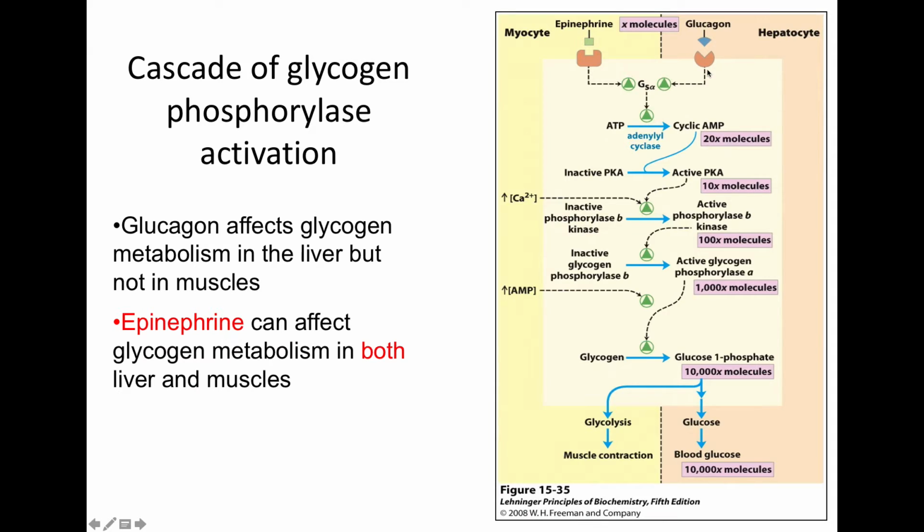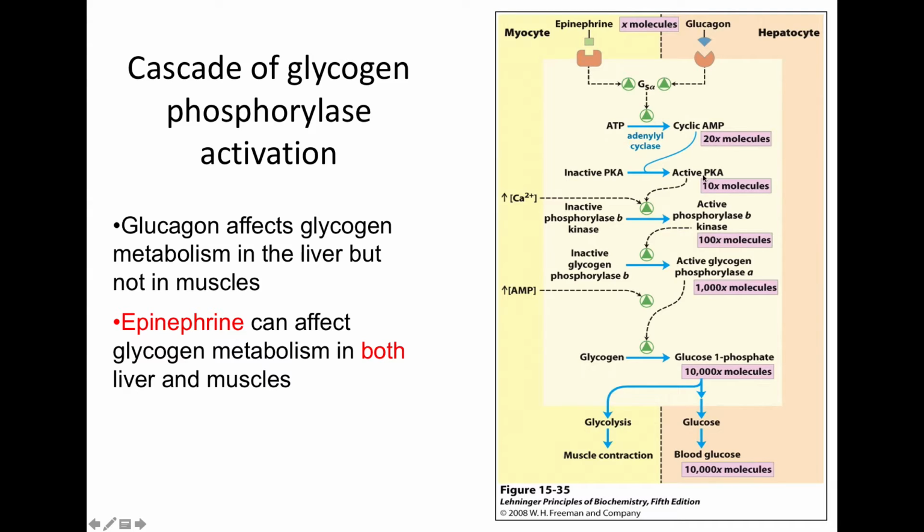Upon activation, the receptor is going to activate the G protein. The G protein will then activate the enzyme adenylyl cyclase. Adenylyl cyclase is the enzyme responsible for making cyclic AMP. The cyclic AMP will in turn activate the enzyme protein kinase A, or PKA.